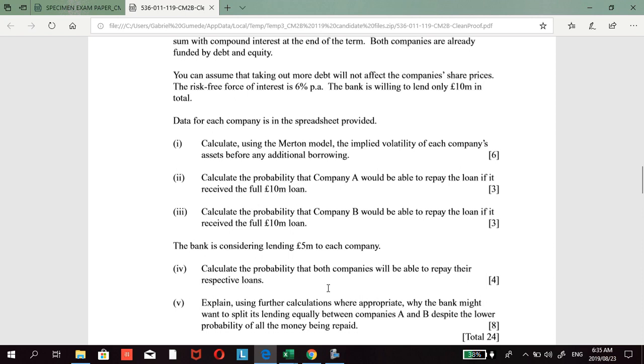Okay, now you need a little bit of probability theory here. Now I'm going to assume here that these companies are independent. Okay, and if these two companies are independent, then the probability that both companies will be able to repay their respective loans will be the probability that company A will be able to repay its loan times the probability that company B will be able to repay its loan.